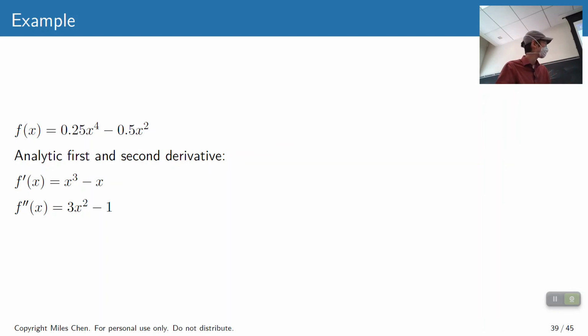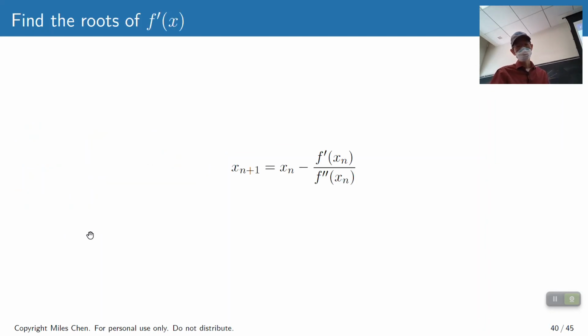So let's say we wanted to find local mins and local maxes of this thing, okay? Analytically, we can find the first derivative. Analytically, we can find the second derivative easily, and we'll just apply it, okay? We can find the roots of f prime.